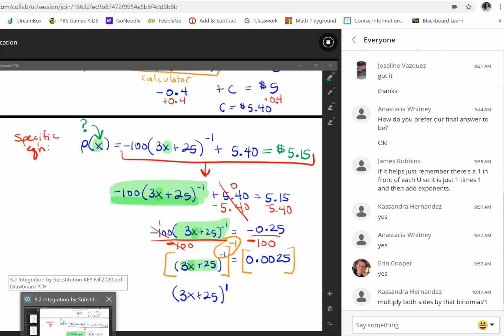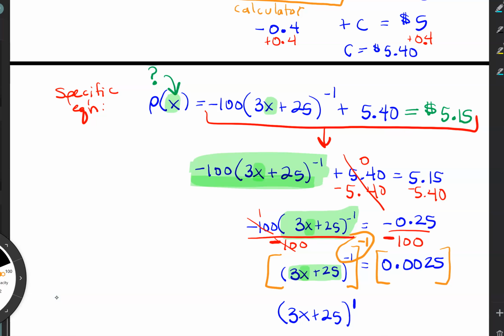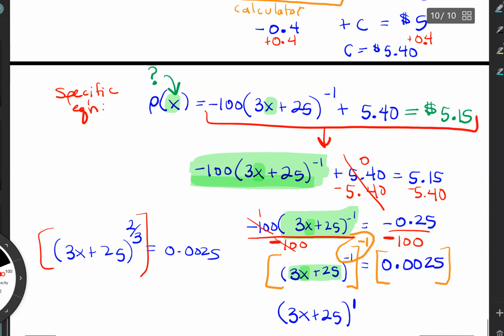Yeah. Technically you're multiplying by the reciprocal, but the reciprocal of negative 1 is negative 1. Like the one we saw before, say you had a binomial to the 2/3 power. You raised it to the reciprocal, and then when you multiply that, it gives you 6/6, which is just a 1. Your goal is always to get an exponent of 1 here.